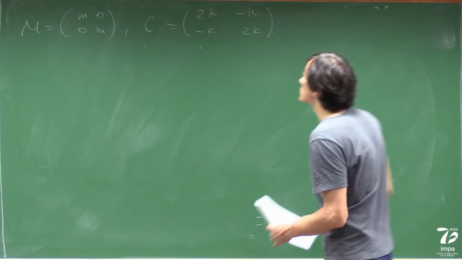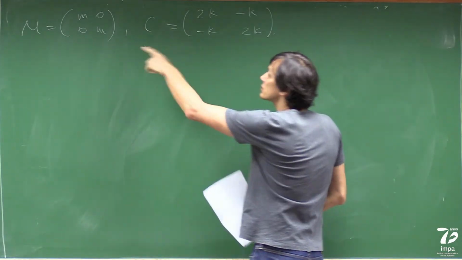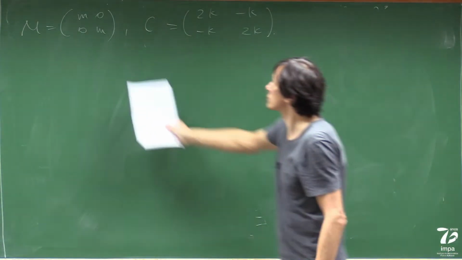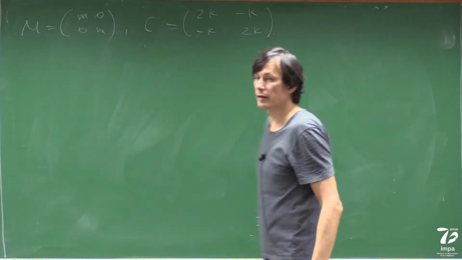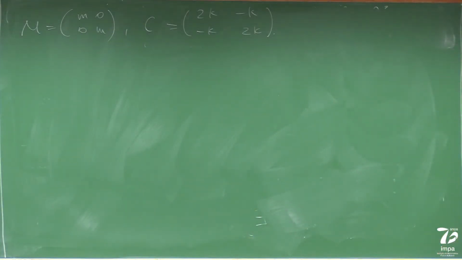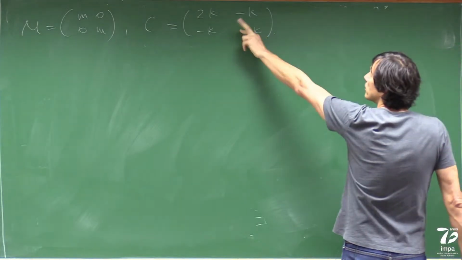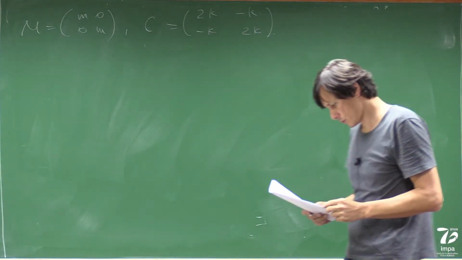So you see, as promised, they're both symmetric. And M is obviously positive definite whenever mass is positive. So M is symmetric, positive definite, and C is symmetric, because if you flip indices, it doesn't change.